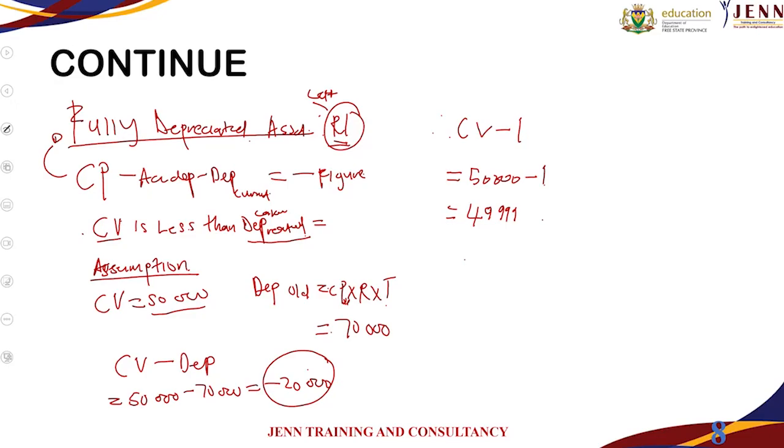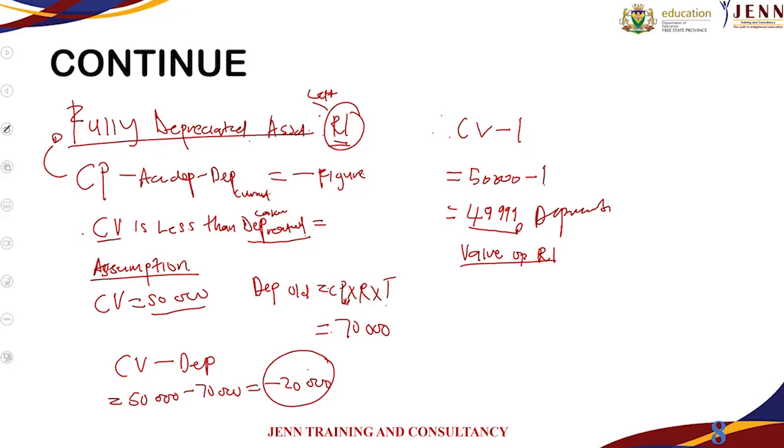If we say 50,000 minus 1, what are we having? We are having 49,999. Then this is our depreciation for the year. We are saying we can only allow our depreciation to lose up until 49,999. We cannot allow it to be more than this point, so that we can have a value of 1 rand at least, to show that that vehicle is still alive.